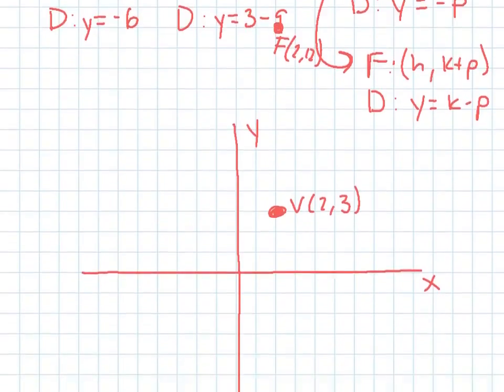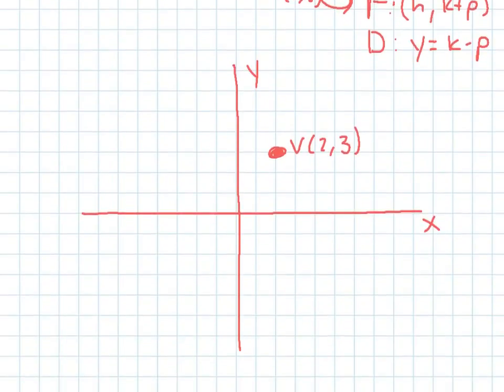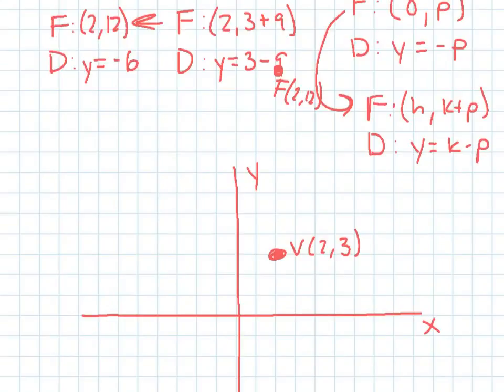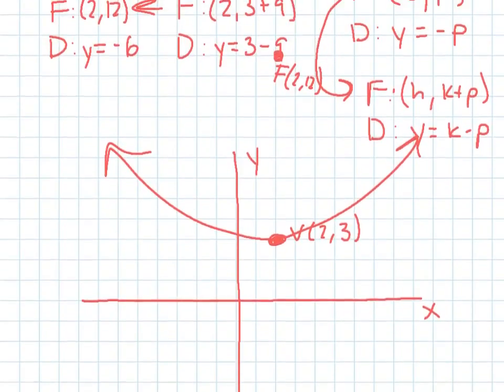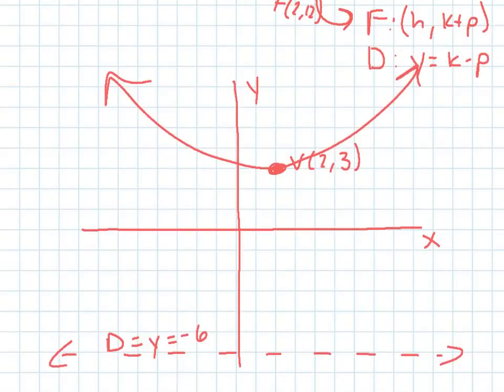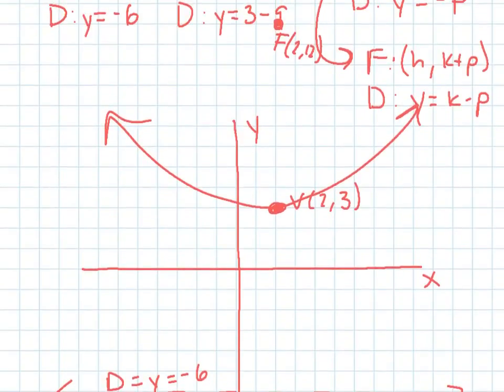Okay, and then my directrix. Okay, so now I draw my graph. And there's my picture. Okay, and I know it's insanely large. You can change the scale to help you fit it better, but that's just what I had to work with. Okay, have fun.